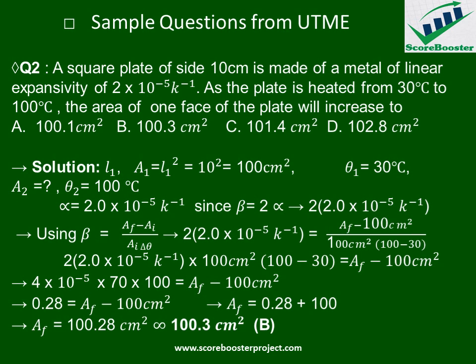So we can make AF the subject by transferring 100 to the other side to get AF equals 0.28 plus 100. So our AF is 100.28 centimeters square, which can be approximated to 100.3 centimeters square, making option B the correct answer for this question.